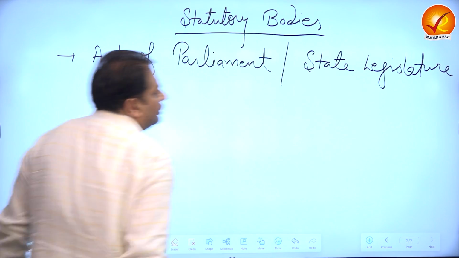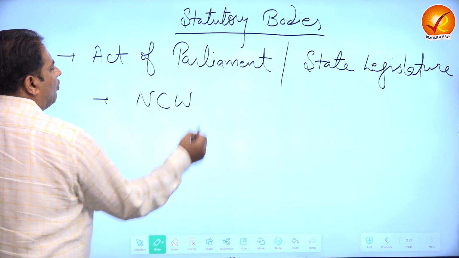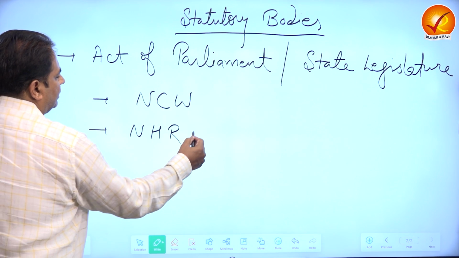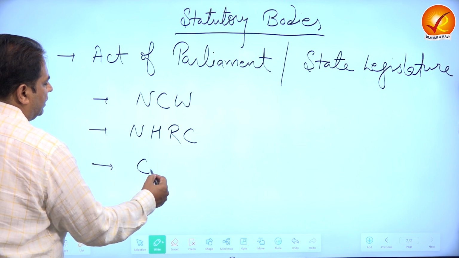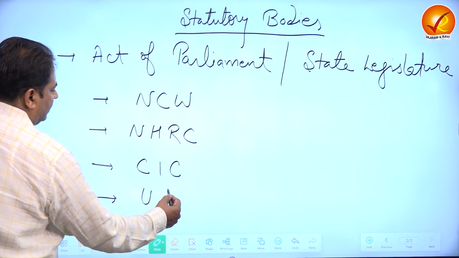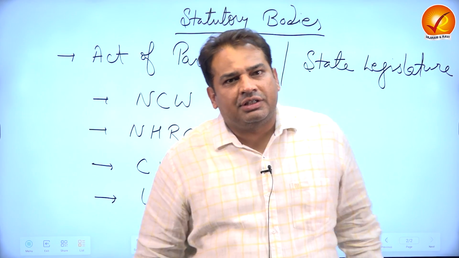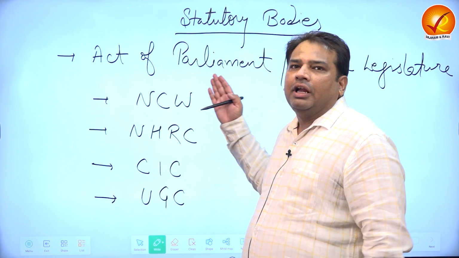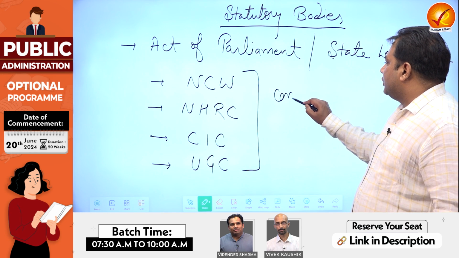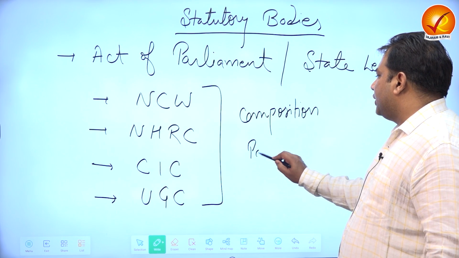As a result, think about some examples: National Commission for Women, National Human Rights Commission, Central Information Commission, University Grants Commission. These types of organizations are created by an Act, and the uniqueness is their composition, their powers and functions.